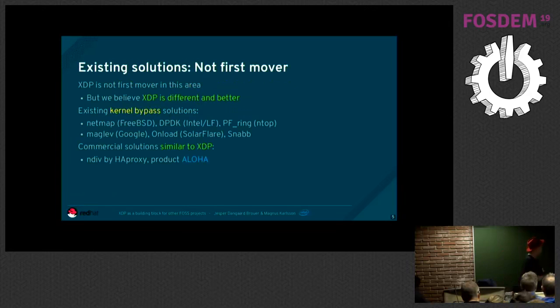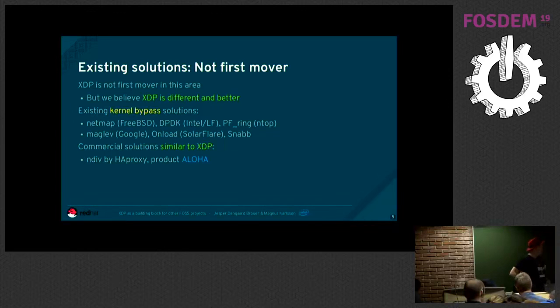I want to admit we are not the first mover here, but we believe it's different and better. There are a lot of kernel bypass solutions out there: NetMap, DPDK, which I think is the most prominent one at the moment, and PF_RING. I think there are also some people in the room who made that, long before we had something called XDP.